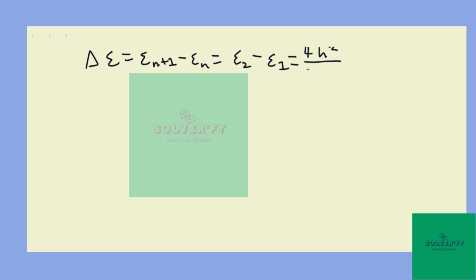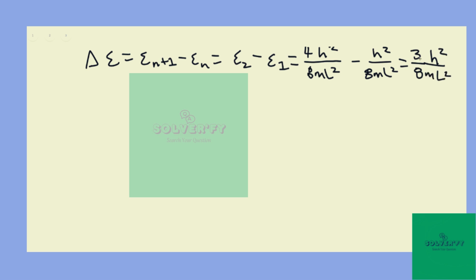So we have delta E is equal to E sub n plus 1 minus E sub n, which in this instance is equal to the energy of level 2 minus the energy of level 1, which is going to be equal to 4h squared divided by 8mL squared minus h squared divided by 8mL squared, which is going to be equal to 3 over 8 h squared over mL squared.